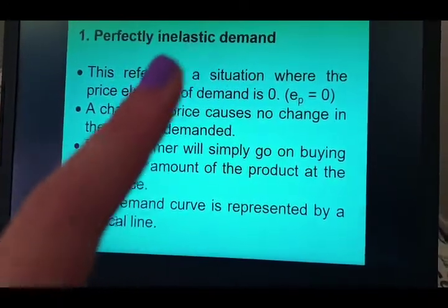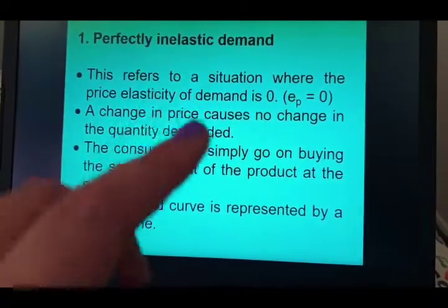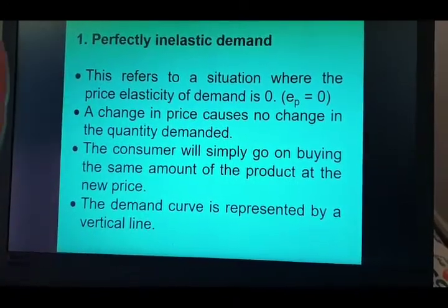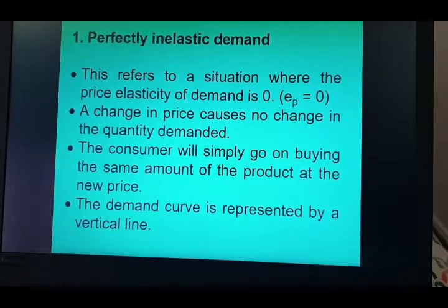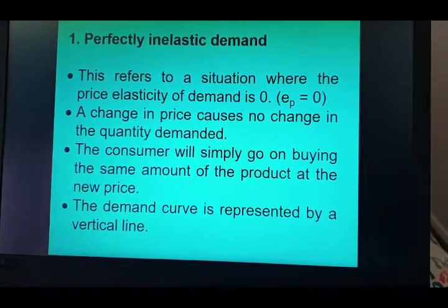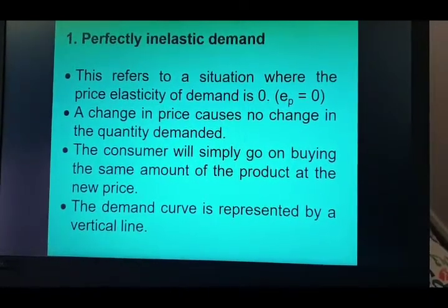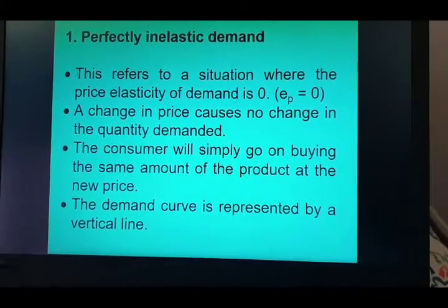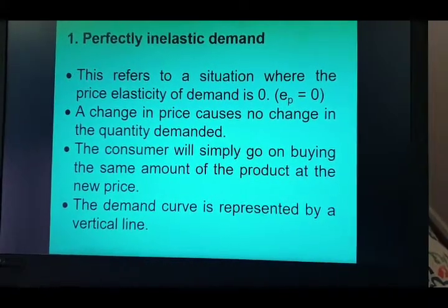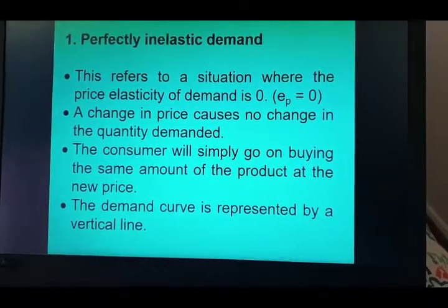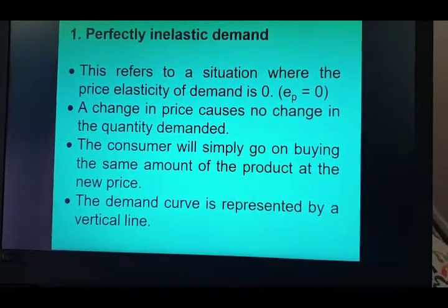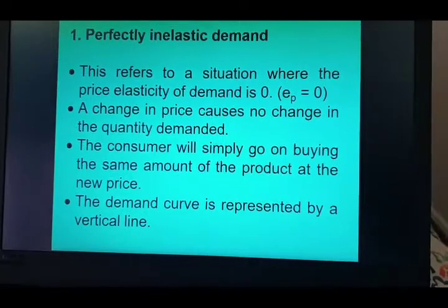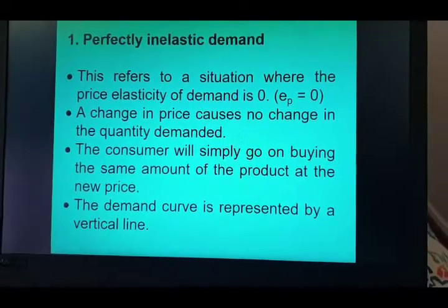Inelastic, no change. Remember, my elastic band does not change if it's inelastic. The consumer will simply go on buying the same amount of the product at the new price. For example, we could have said cigarettes before the lockdown, not the new prices. And we can look at matches, for example, or bread, or maize meal, something that all South Africans use.